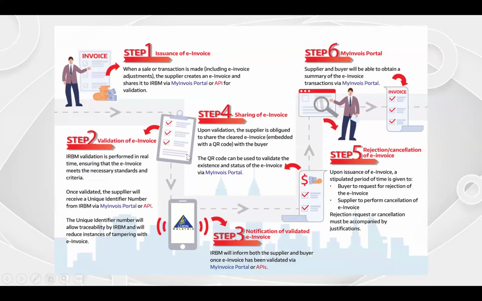Then you can share the actual invoice with your buyer, or your supplier can share the actual invoice with you, with the embedded QR code. Without the QR code and the unique identifier number, this is not an e-invoice. That means this invoice has not been validated.